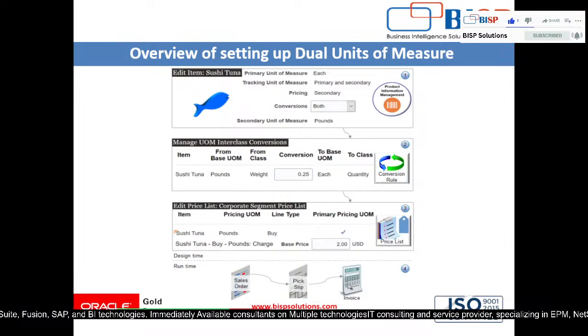After setting up at the item level, you can set the unit of measure interclass conversion, right? From primary unit of measure to secondary unit of measure. And you can also define your item in the price list, right?